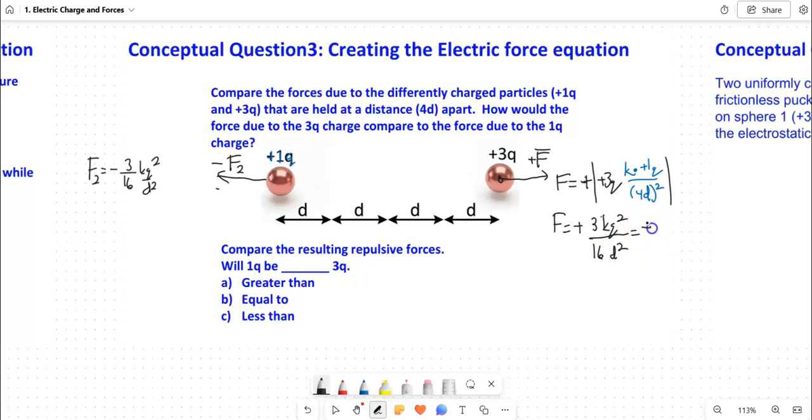Pulling the numbers out from the letters, what you find is that this force is pointed to the left, and it's 3/16 kq squared over d squared. And this force to the right is positive 3/16 kq squared over d squared. So they are equal in magnitude. They are equal to each other. Forces are equal and opposite, and this is Newton's third law. Okay?